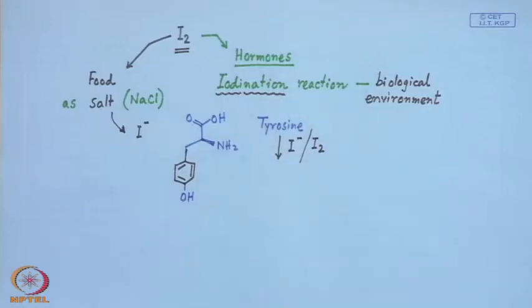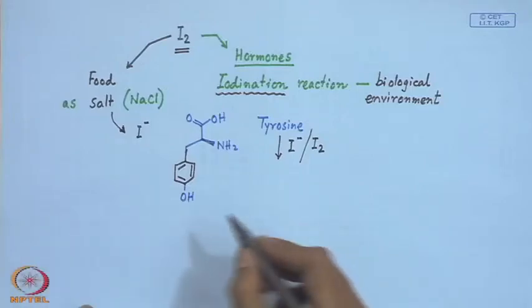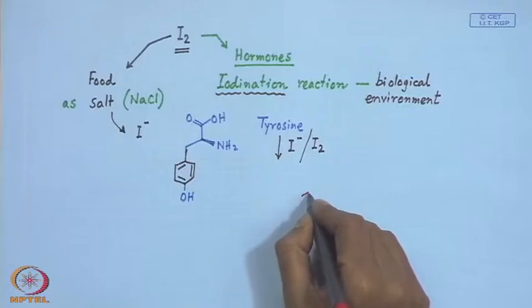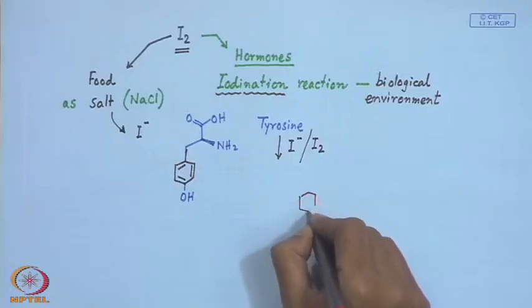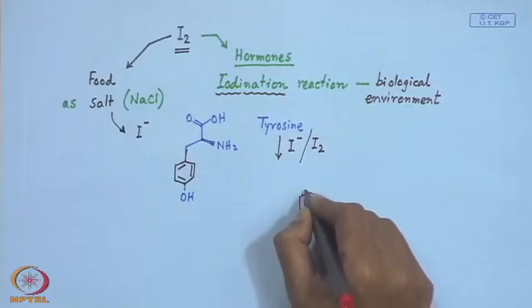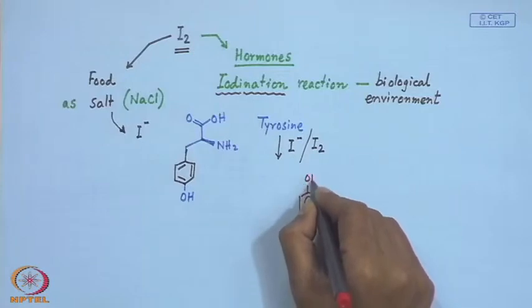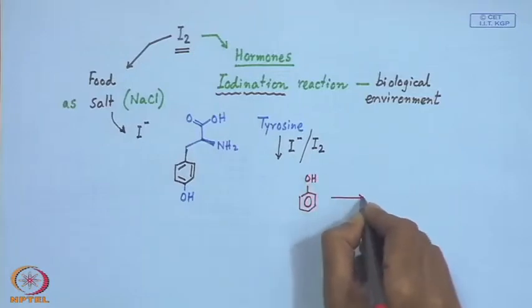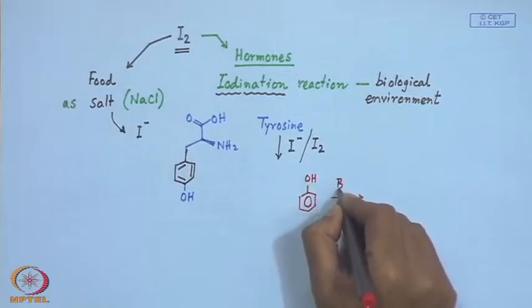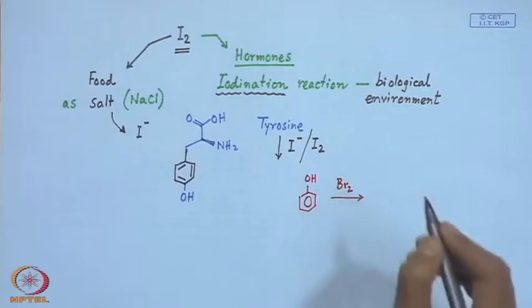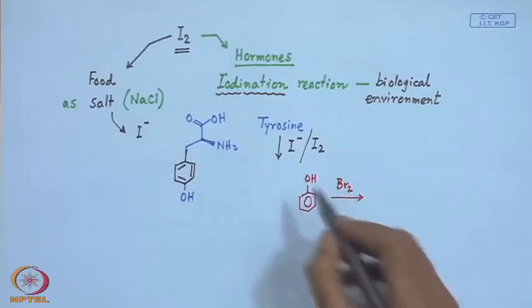So, how can we have the corresponding iodination reaction? That means, if we have the simple phenol unit, we know that this is a very simple and straightforward reaction.